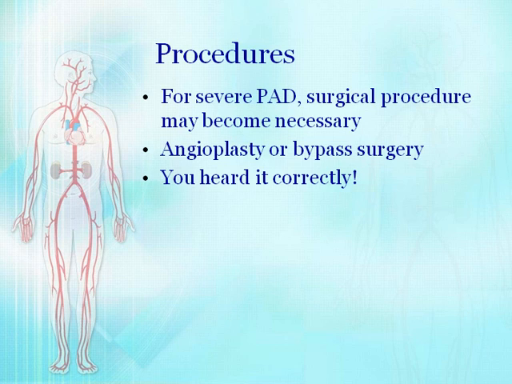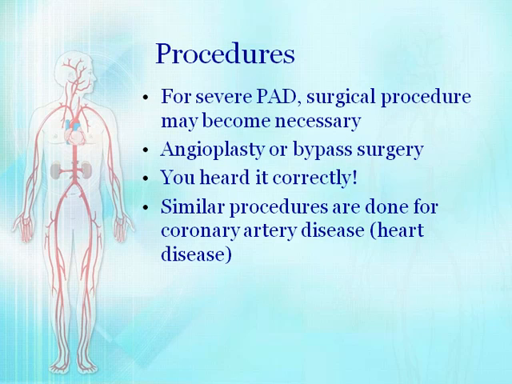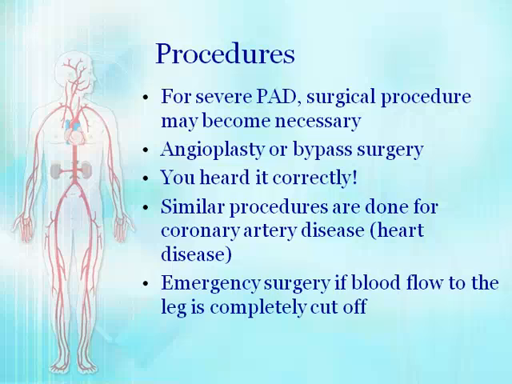If you can remember, the same procedures are done for heart disease, for blockages to the heart muscle. If you have coronary artery disease, it's basically the same procedures that are done for those arteries also, but of course in a different location.